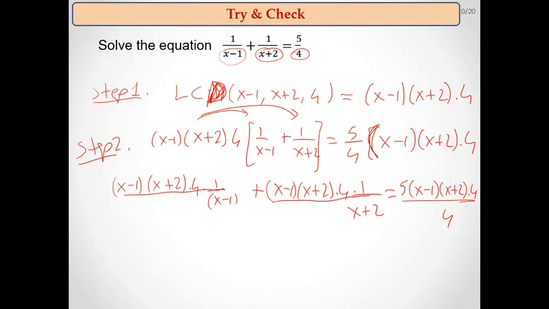Okay, it doesn't matter. This is the reason: if you have multiplication, you can combine them in the denominator, so they're the same.